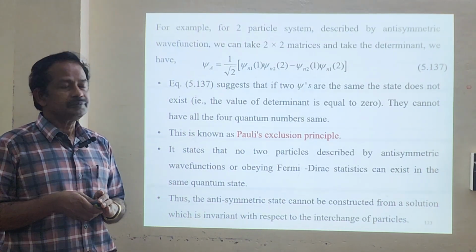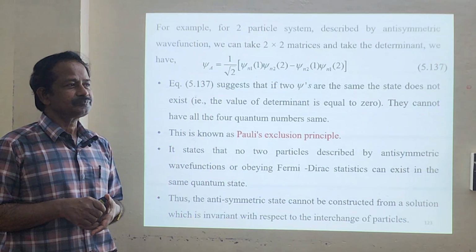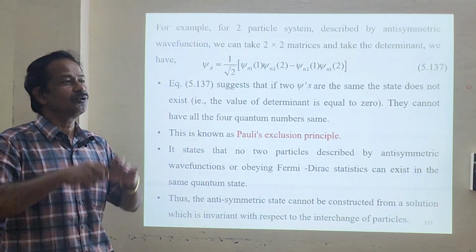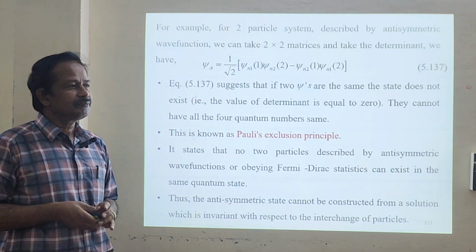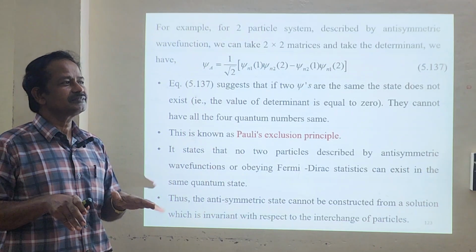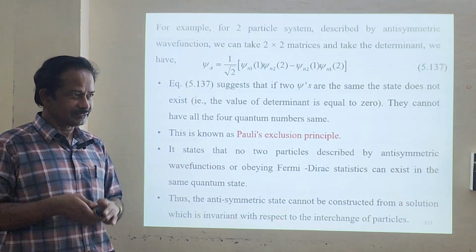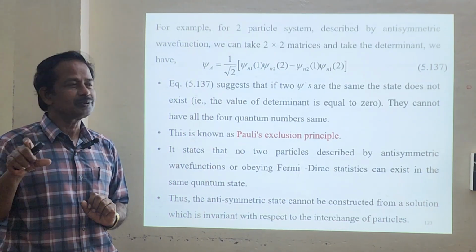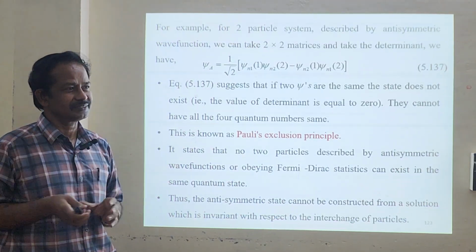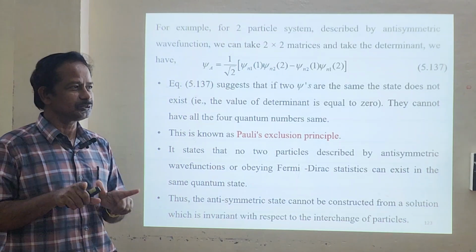So we have seen in this class about fermions and bosons. The whole universe, the fundamental particles, are all building blocks or particles. Those particles are divided into two categories: one is bosons, another is fermions. Almost all the matter in the whole universe is divided into these two categories.